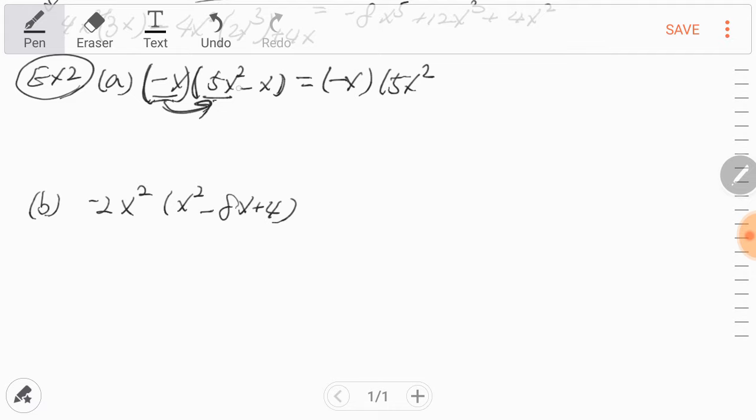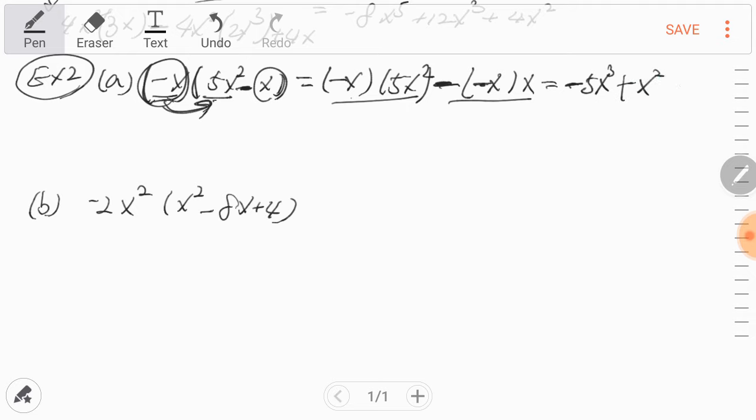Also, minus, and then multiply negative x by x. So this is equal to, for the first term, the sign is negative, 5x, x times x squared is x cubed. And the second term: negative times negative is positive, so plus x times x is x squared.